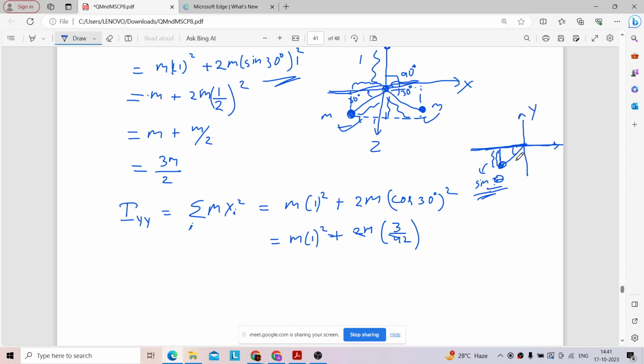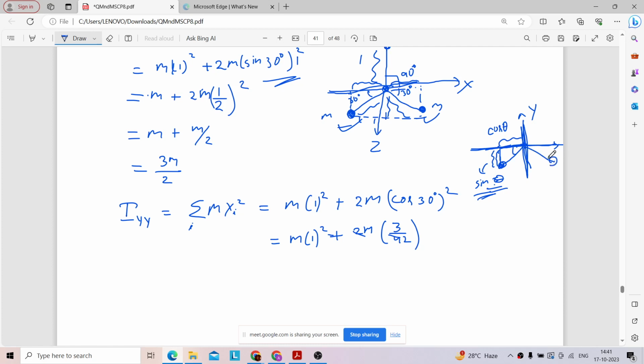We need to calculate the distance of these masses from the y-axis. This projection will give us the distance, which is cos theta.